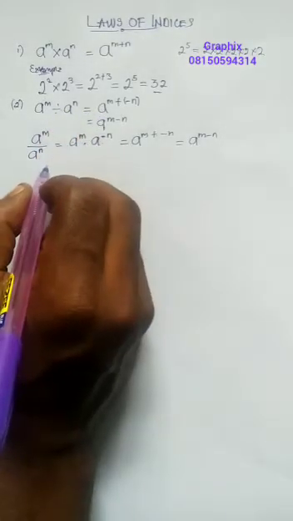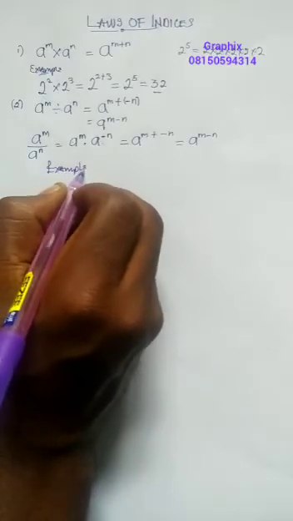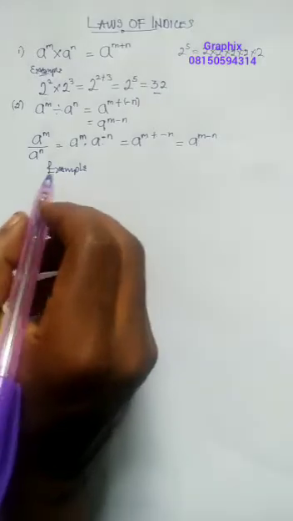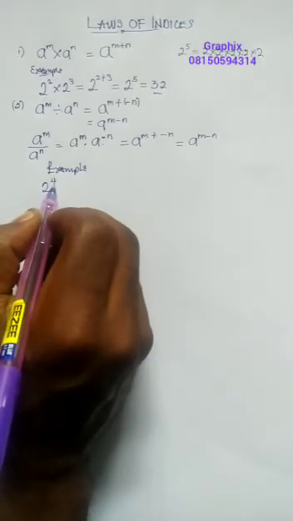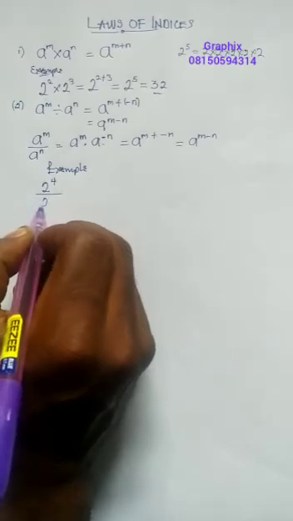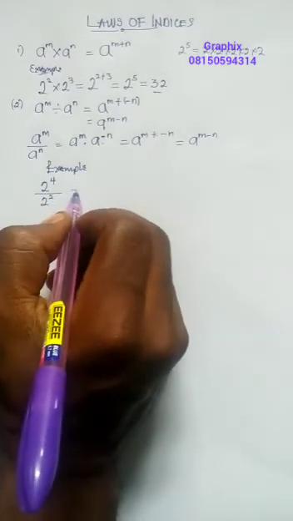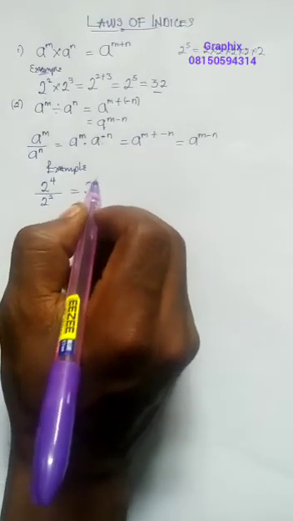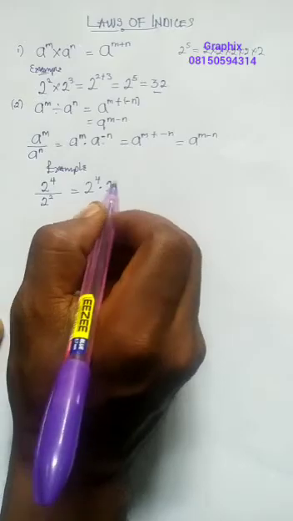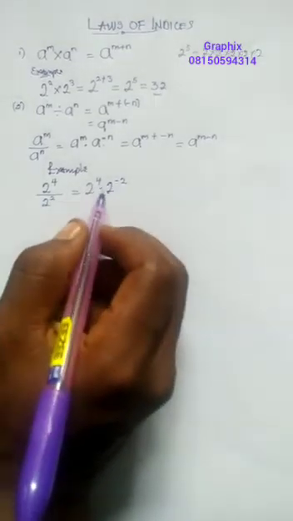So let's take this example and see. We have 2 raised to the power of 4 divided by 2 raised to the power of 2. If the 2 is coming up, it will be 2 raised to the power 4 times 2 raised to the power minus 2. Since it is coming up, it becomes negative.